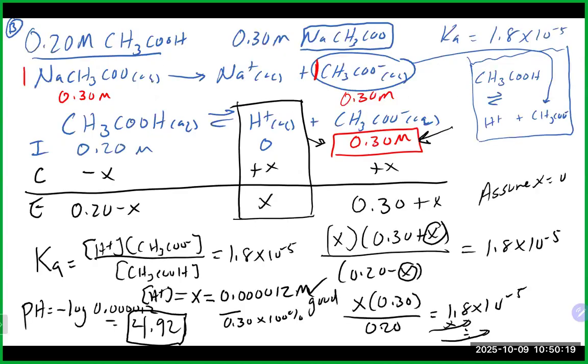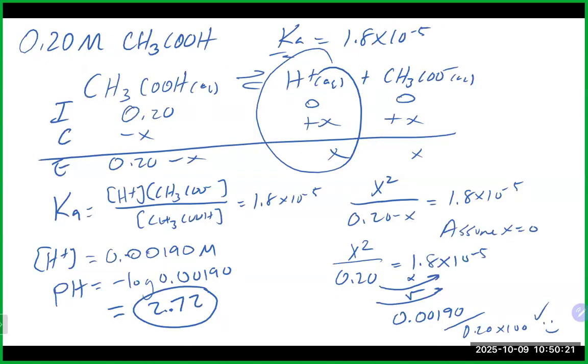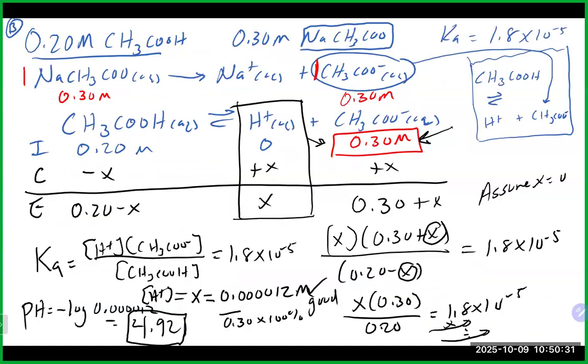And we see that in the pH. Acetic acid by itself, which is able to release a lot more H+ than it can in the common ion situation, has a pH of 2.72. So it has more H+, a lower pH than what we see here in the common ion. Because of that equilibrium shift, we actually have less H+ in that solution. Less H+ raises the pH from where it started.